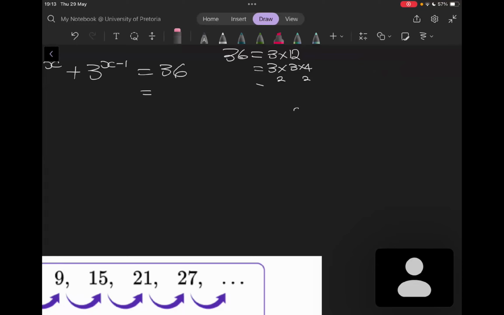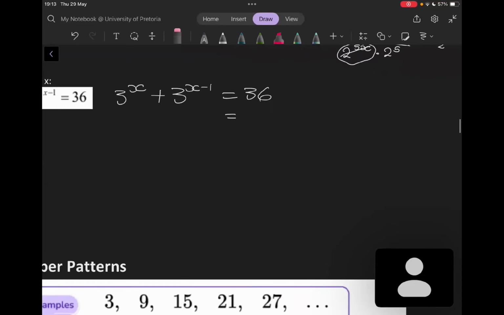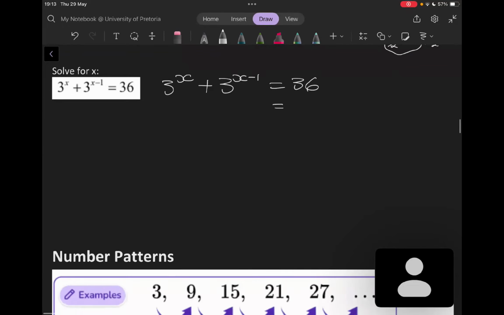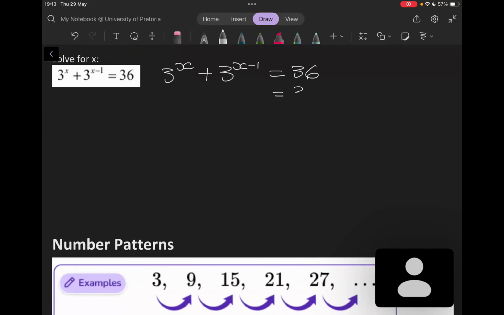Let me just erase all of this here. Right. So when we put 36 as a product of its prime factors, we end up with 3 squared times 2 squared, right?